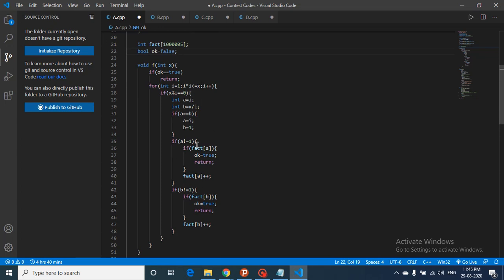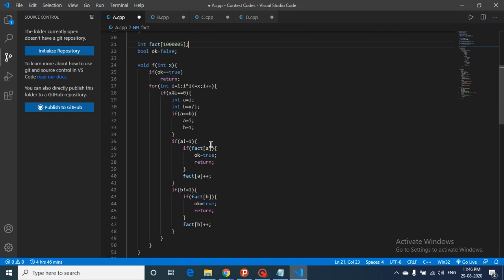Else, if this factor hasn't been seen before, we'll mark this factor plus plus, and we'll do the same for b. We'll mark these factors in this fact array so that we can check whether this factor was seen earlier or not, and then we will run this loop or function to store all these factors.